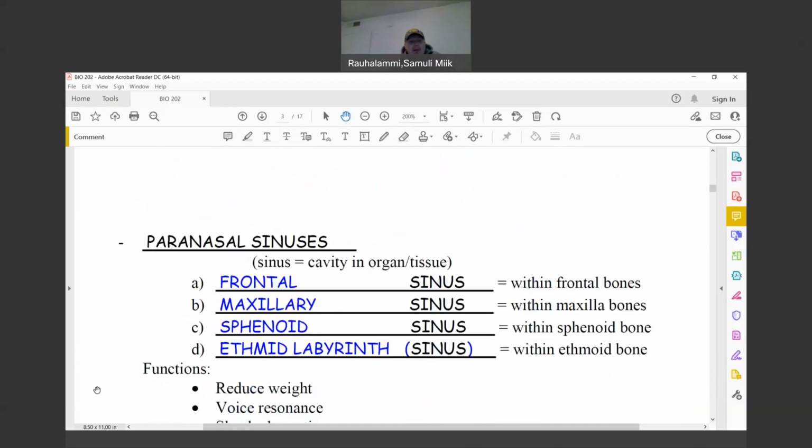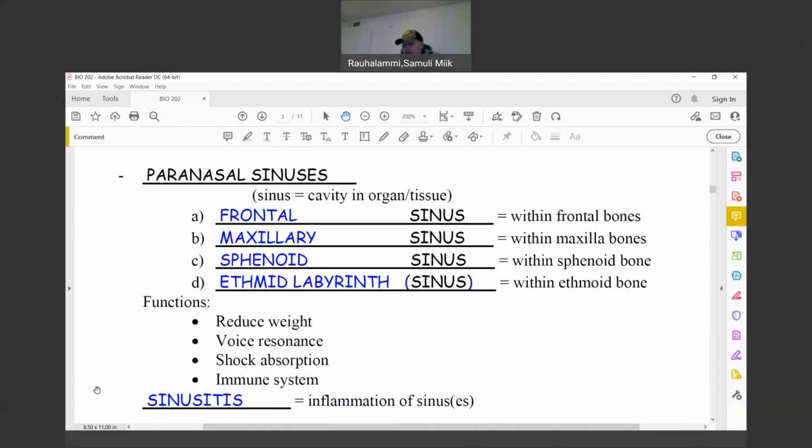So you remember the term sinus always referred to some kind of an empty space or a cavity in the language of anatomy. And in this case, we're looking at the paranasal sinuses, so these empty spaces within the bony structures of the skull around the nose or around the nasal area. So those are what we're looking at here.